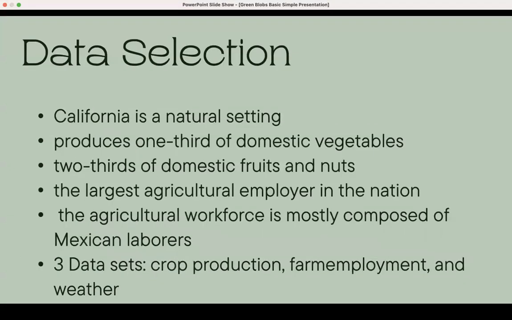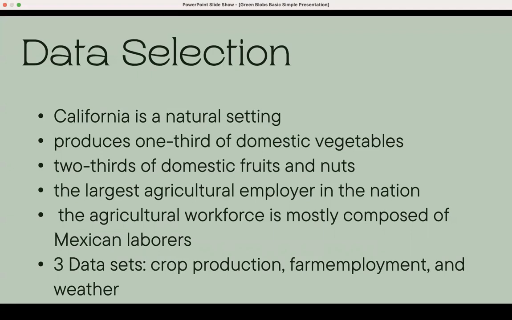When looking at why we chose our data and where we got it from, all of our data is going to be from California, because California is a natural setting for this type of analysis. It produces 1/3 of domestic vegetables and 2/3 of domestic fruits and nuts in the United States.